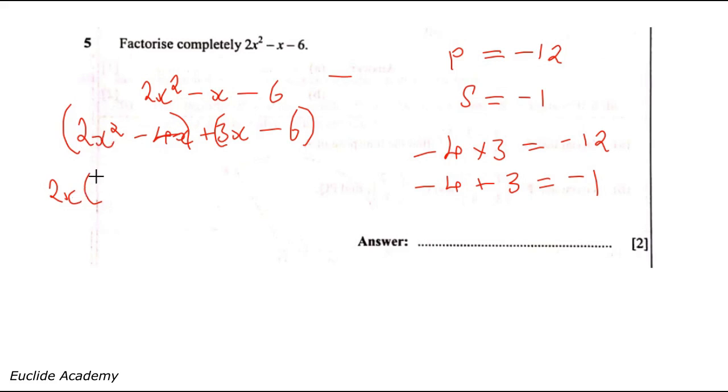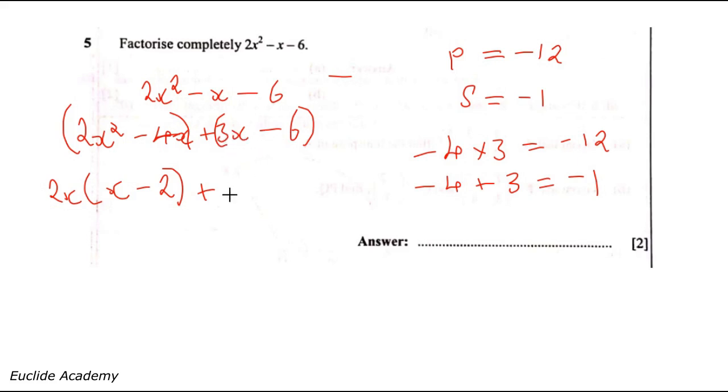So we're going to say 2x outside, and here we've got 2x squared, so we remain with an x right here, and then minus 4x, we're going to remain with a negative 2 right here, because negative 4x divided by 2x is negative 2, right?